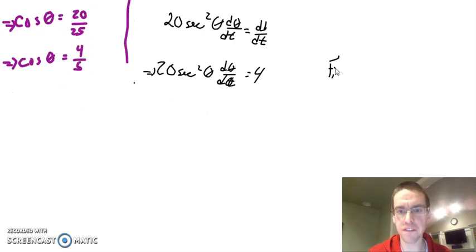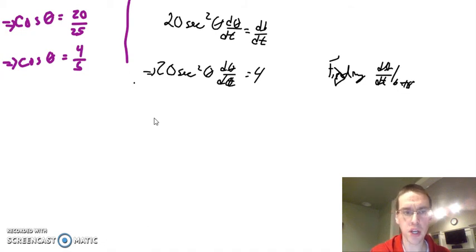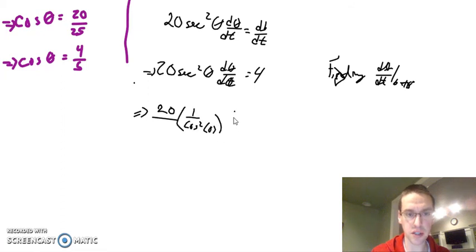Just remember, we're finding d theta over dt when B equals 15. I could rewrite that, if I wanted to, 20 times 1 over cosine squared theta, d theta over dt, equals 4. Notice I know what cosine theta is when B equals 15.